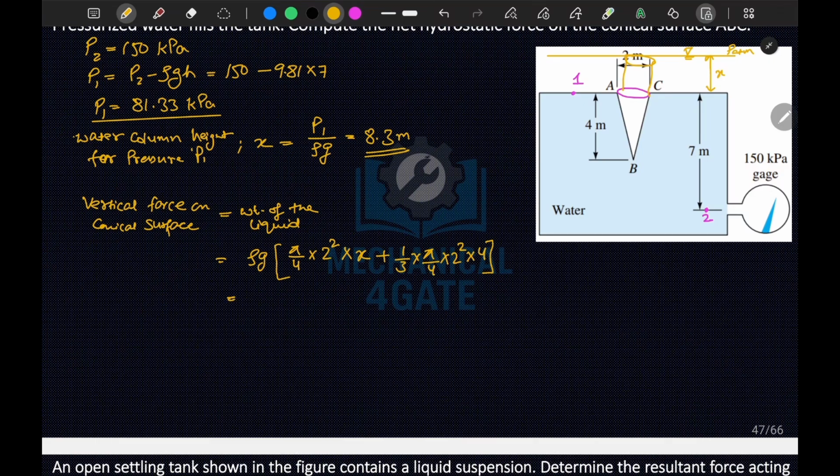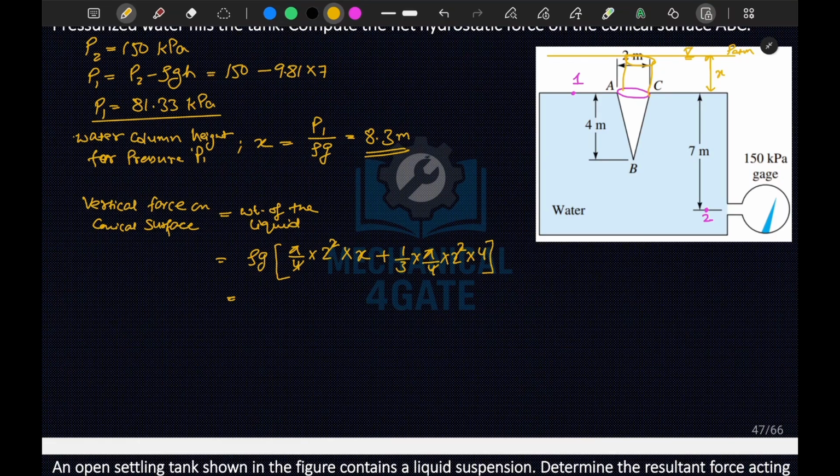Okay, so if you solve this, this will cancel out this one. Now if I solve this, x into 2 into pi, or 2, sorry.